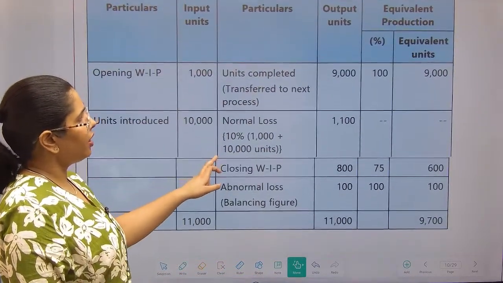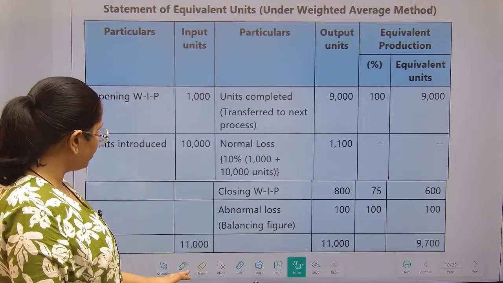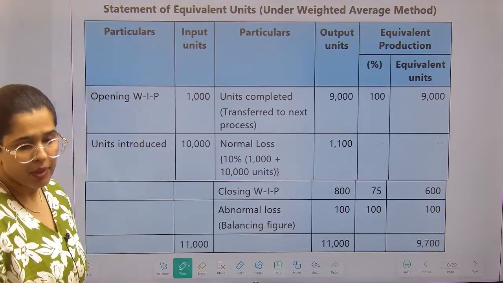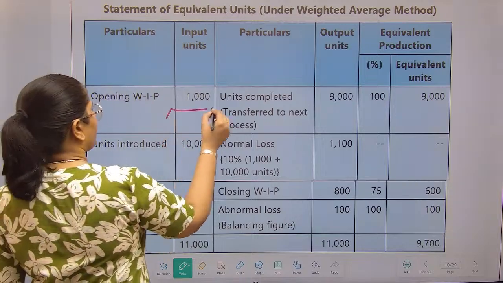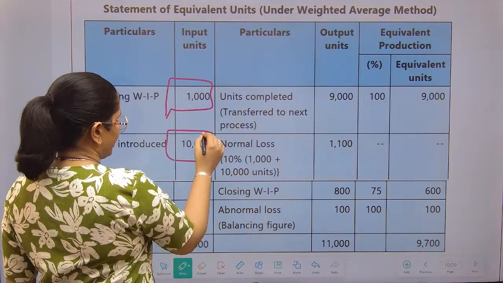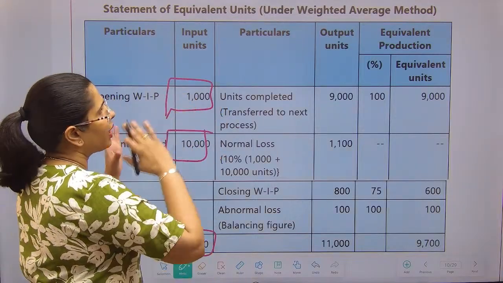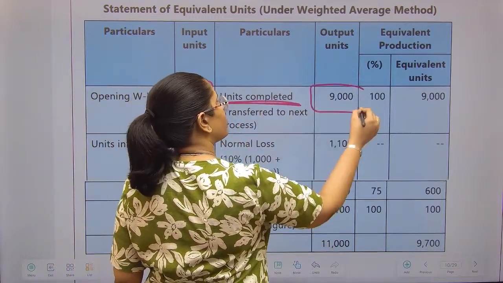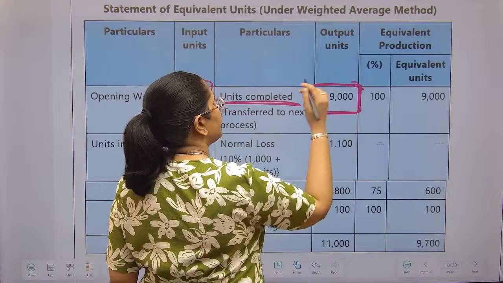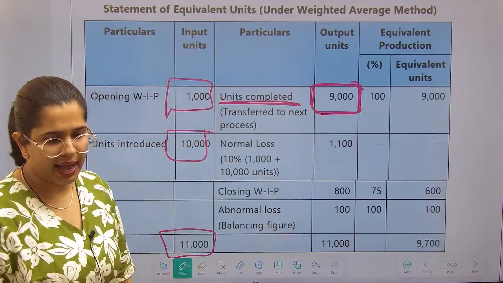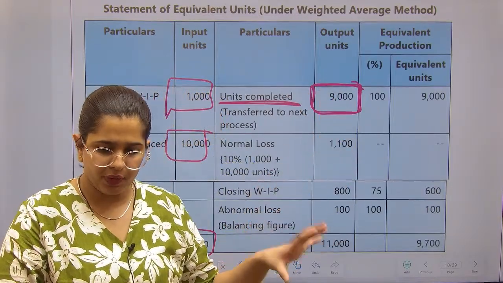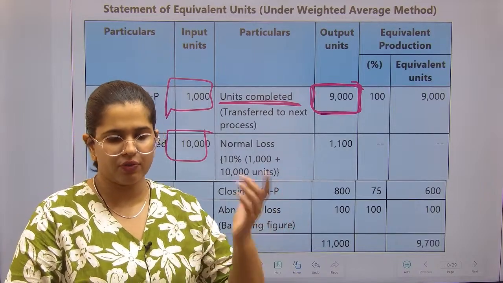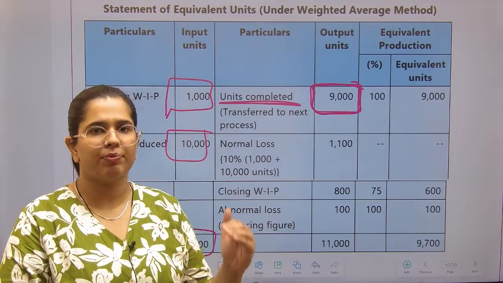So now in your mind, just compare the two tables which we are reading. You see, opening WIP 1000, units introduced 10,000, total is 11,000. Now come to this particular part. Units completed 9,000. You see, directly मैंने 9,000 लिख दिया. I have not segregated it between 1,000 and 8,000. 1,000 from opening WIP and 8,000 from the fresh inputs.